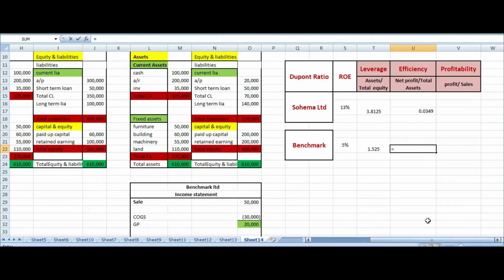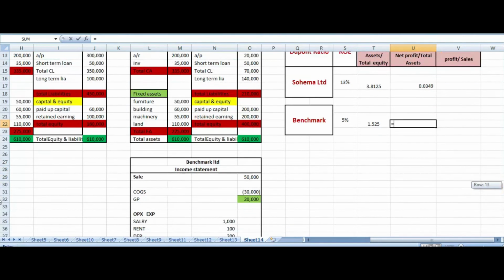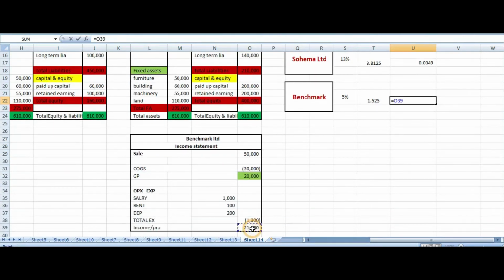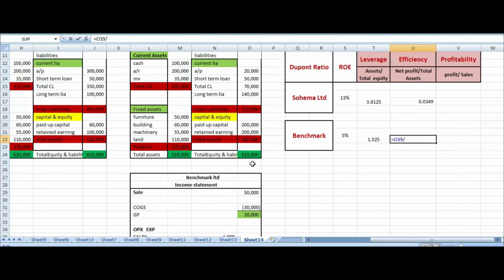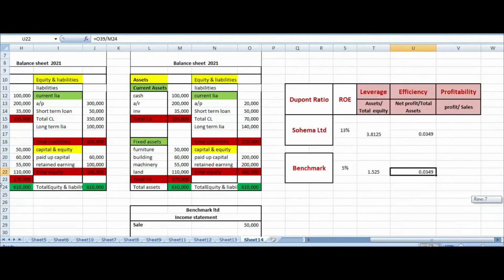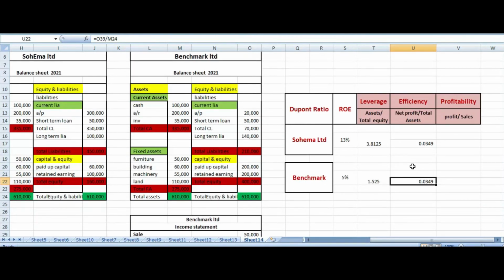The profit of the benchmark is 21,300. Total assets of the benchmark is 6 lakh 10,000.